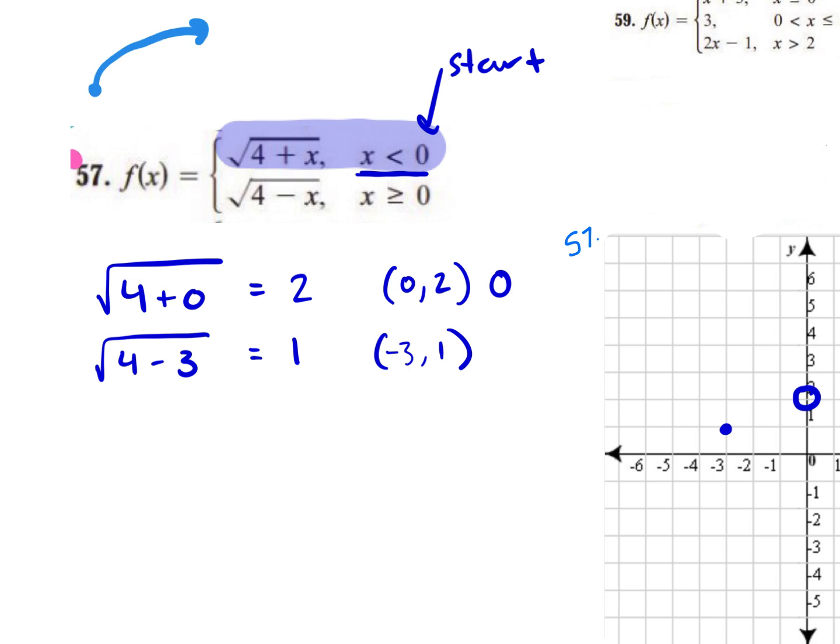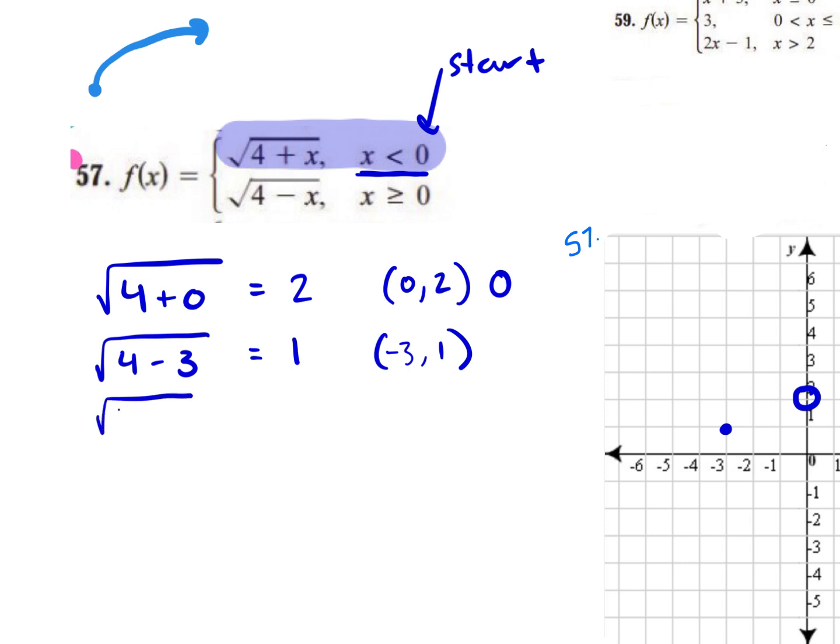Now this isn't just a line, and it doesn't go in the same direction forever, depending on which part of our graph that we're talking about. So we may want to plug in more numbers. What else could we plug in here? -4, perfect.